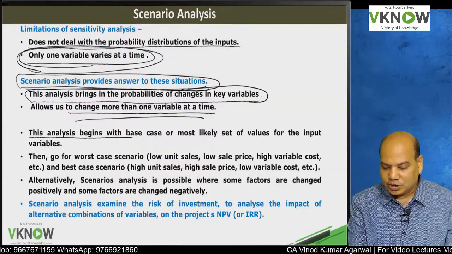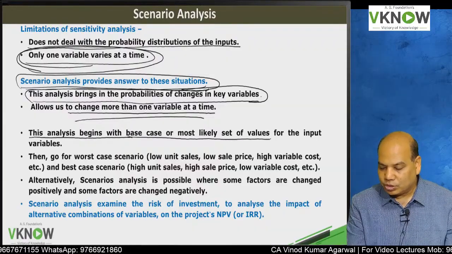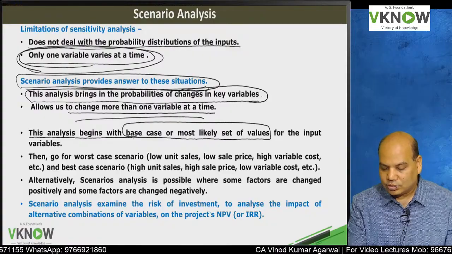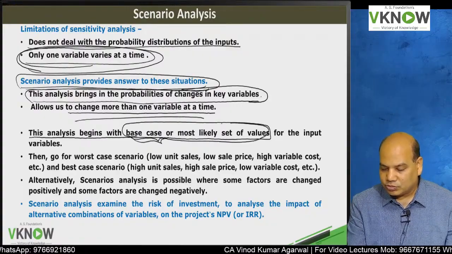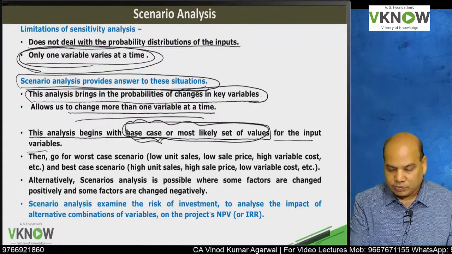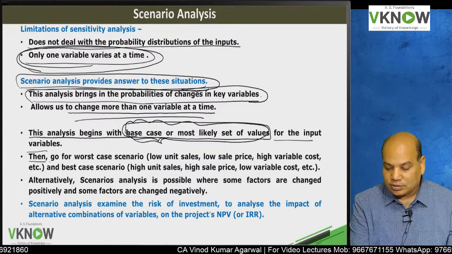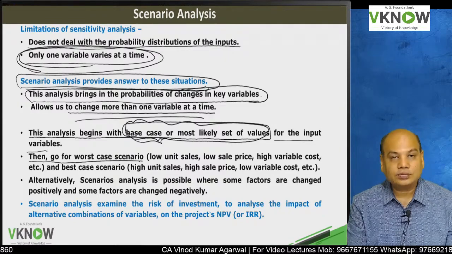This analysis begins with the base case or most likely set of values. So first we will take the base case. Base case means what is more likely to occur for the input variable. We will also test worst case scenario.